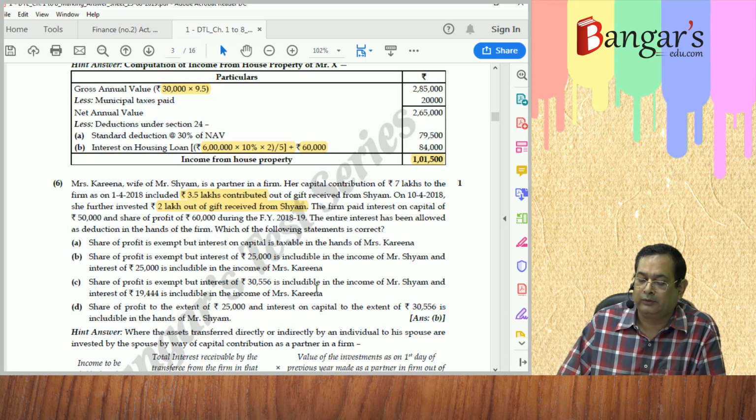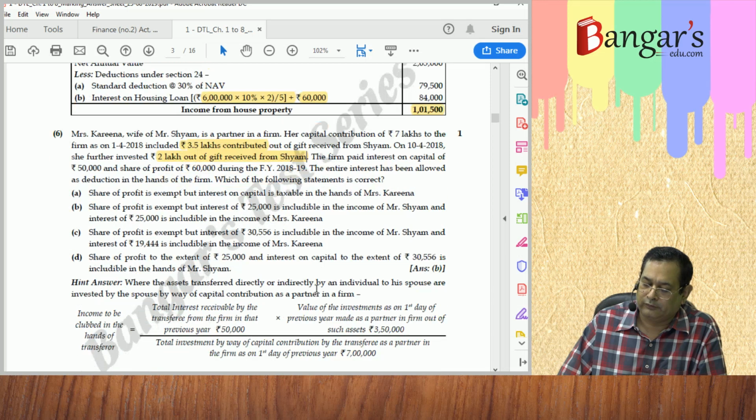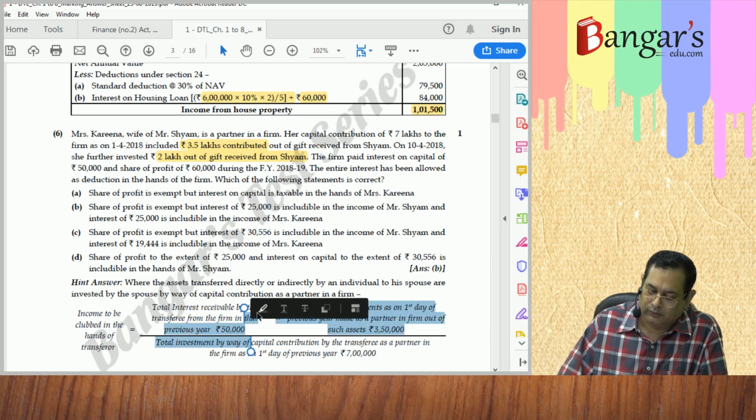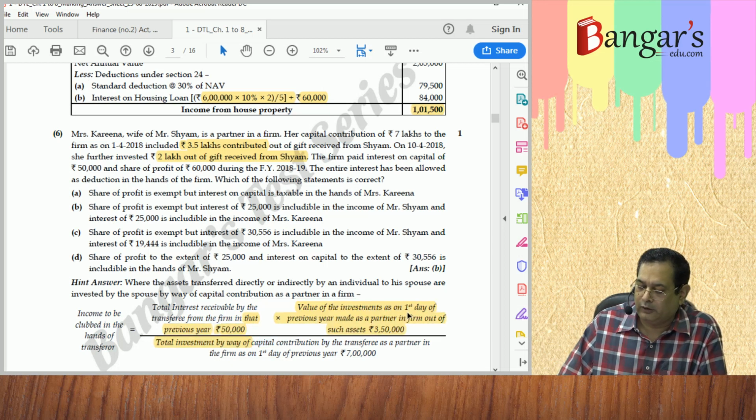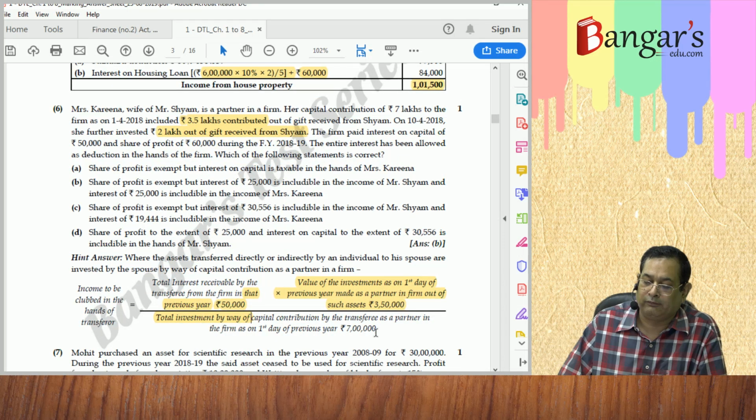Interest will be clubbed in hands of Mr. Sham to the extent whatever investments have been made as on the first day of the previous year, out of which how much is a transferred assets investment. That is, total interest is 50,000 she has received, and value of the investment made on the first day of the previous year out of transferred asset is 3,50,000, and total investment is rupees 7 lakhs.